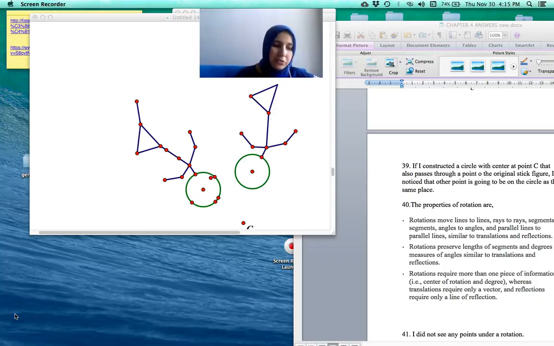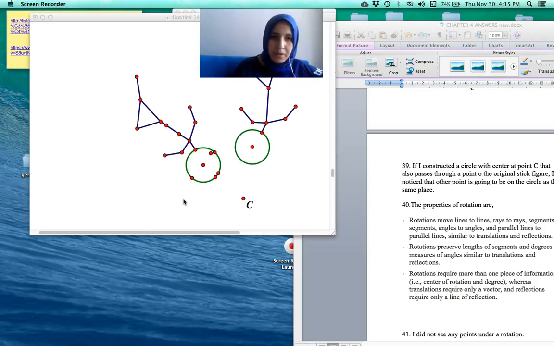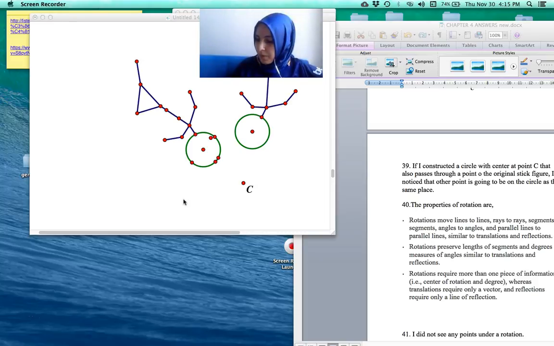I constructed a circle with center at point C that also passed through a point on the original stick figure, and I notice that the other point is going to be on the circle as well, in the same place. Yes. Question 40. Describe at least 3 different properties of rotation.